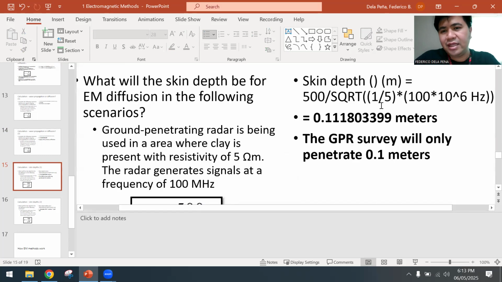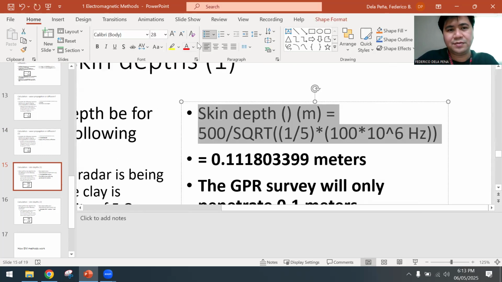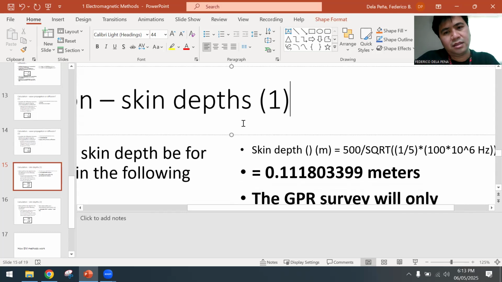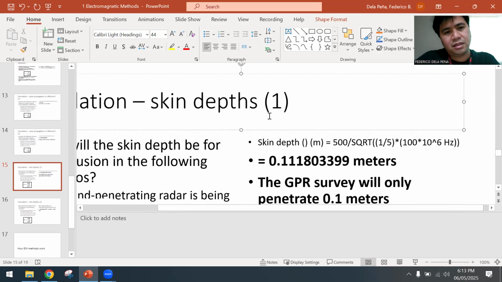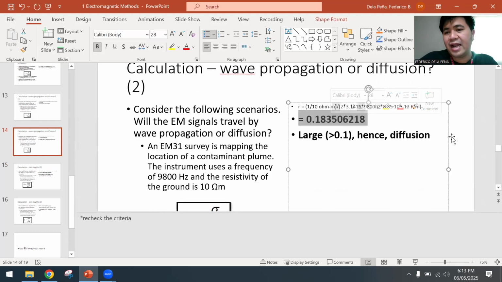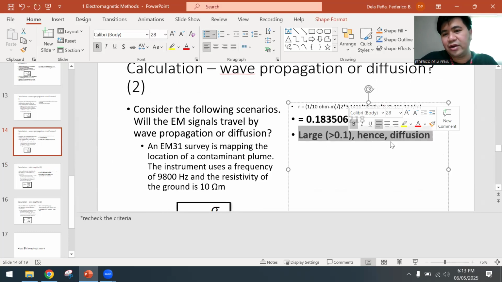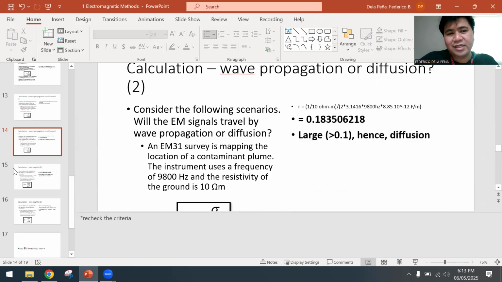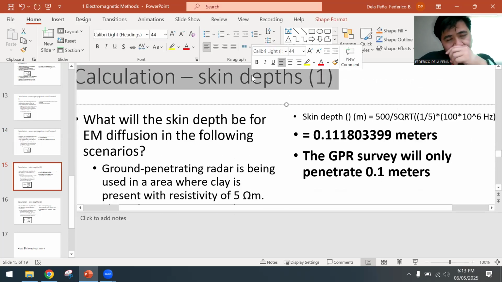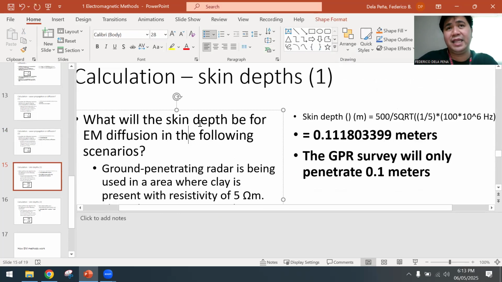So let's calculate the skin depth for GPR. Earlier we calculated the R value, so we know now whether diffusion or wave propagation will dominate. This now is about skin depth, or the depth penetrated by the EM signal.